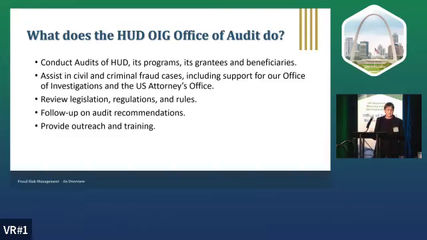Well, we conduct audits, including of HUD, its programs, its grantees, and all the way down to the beneficiaries. And those audits can include a lot of things. We can look at compliance. Did you or did you not meet the rules? But we can also look at other things, like is this program operating effectively? Is it efficient? Is there a better way to do this? Those are also the types of audits that we do. But we do more. I feel like I'm doing a ShamWow commercial.